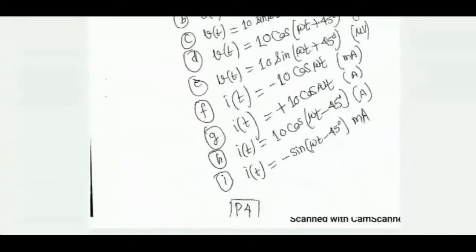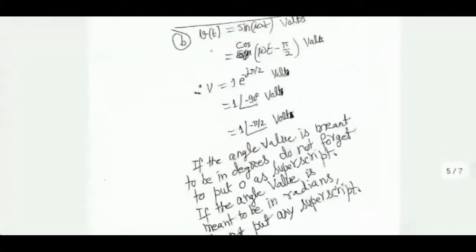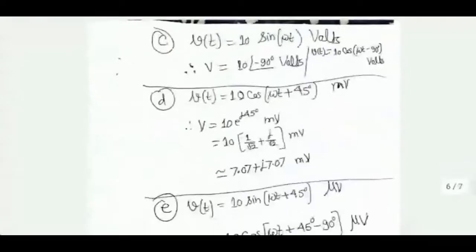Here this signal is fitting the standard form directly. So the answer is 10 e to the power j 45 degrees. In E, cos has become sine compared to D. So let's see. By the way, look at the solution for D. It is 10 e to the power j 45 degrees.